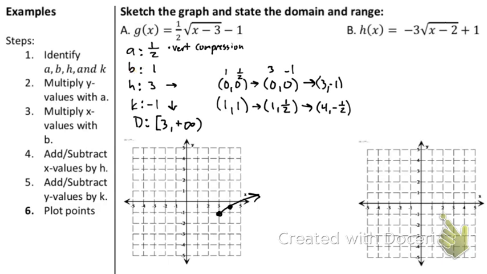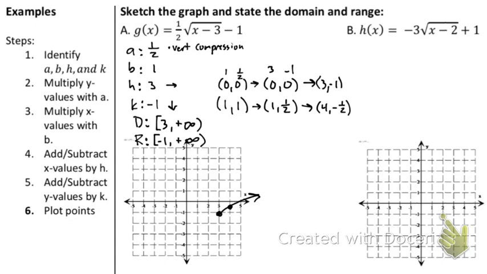Okay? And our range will be -1, positive infinity. And again, our range we can get from our k value. All right, so essentially it's the same thing we've been doing. So it should not have that much difference here.